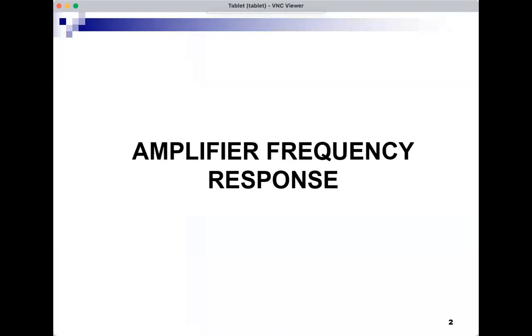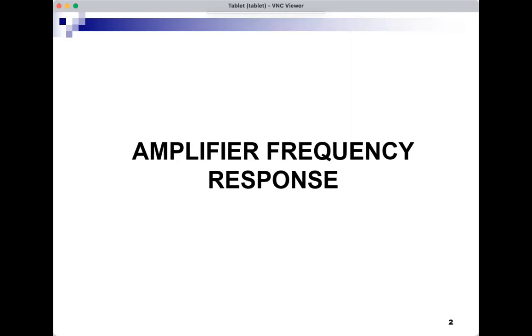The observation here is that if you take an amplifier and you apply a certain input, the amplifier has a certain gain, and the output will be this gain times the input. In this relationship, there's really no mention of what is the frequency of the input.